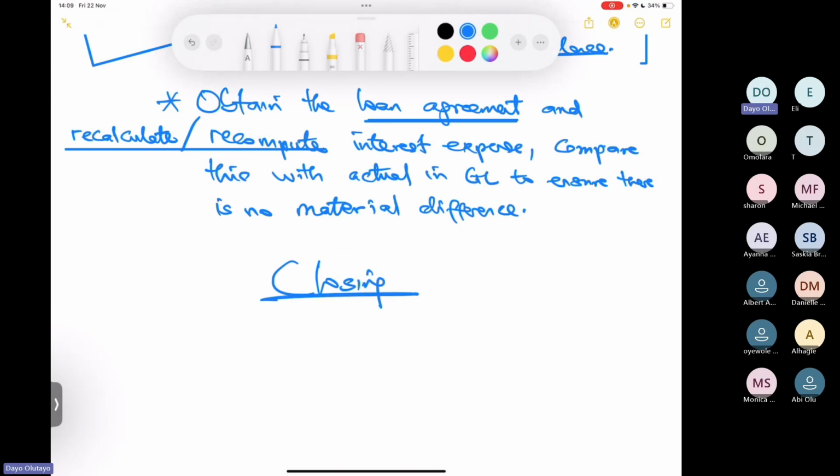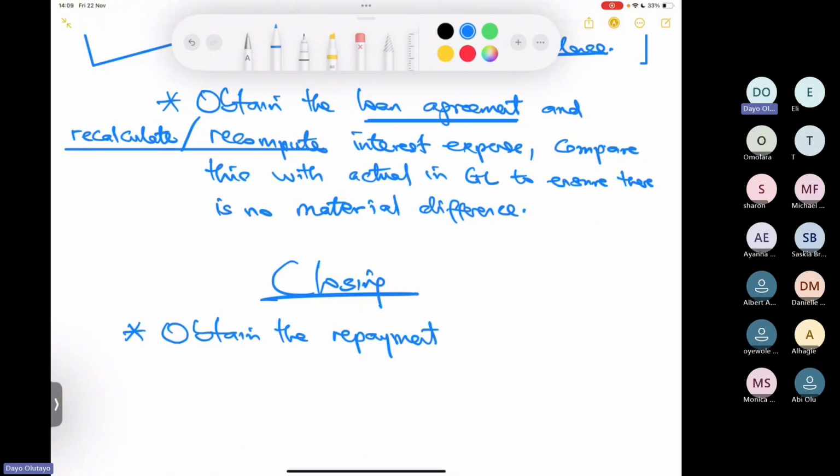Now, closing. The closing balance itself, we need to audit it. The first thing we need to do is to request for the repayment schedule. So obtain, because the bank will always send a repayment schedule.